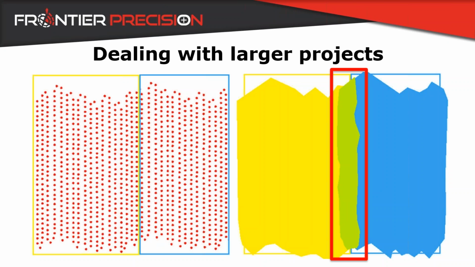We just want to ensure that we have enough overlap so that they'll tie together properly when we process them. It's also not a bad idea to have manual tie points or some ground control points in the area that you see boxed in red here, just to make sure we can take any question out of there in terms of tying our 2 flights together.